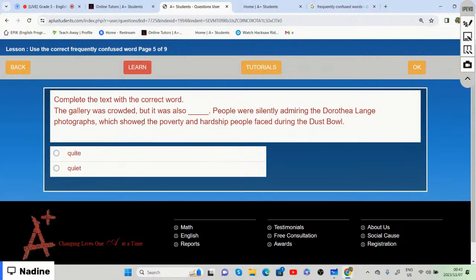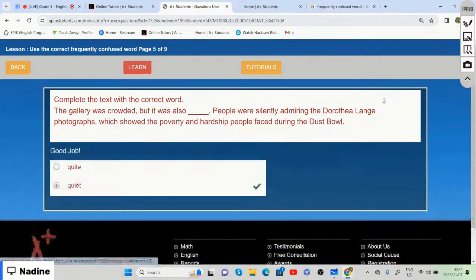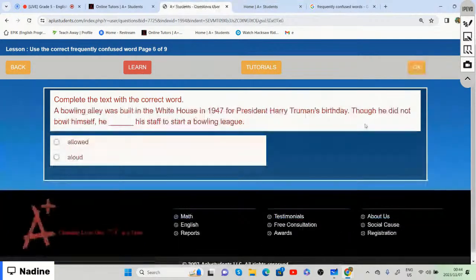All right, if we use the correct word, we're going to use the second word, which shows that the gallery was quiet as much as it was overcrowded. So quiet is correct. Well done.